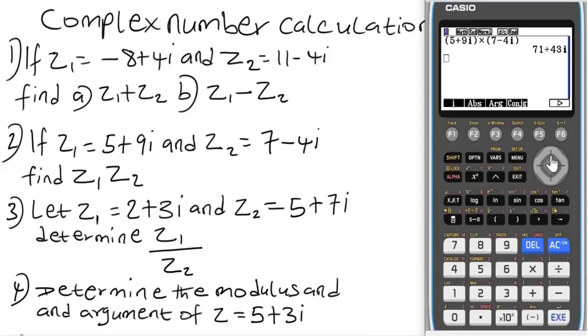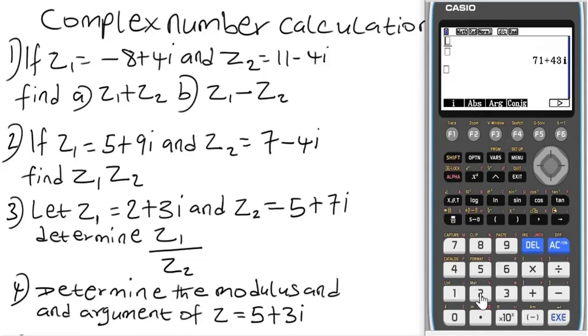All you have to do is to adjust it here, delete everything here. Okay, so we have, let z1 equal this and z2 equal this. Determine z1 over z2. Alright, so make use of this fraction button.